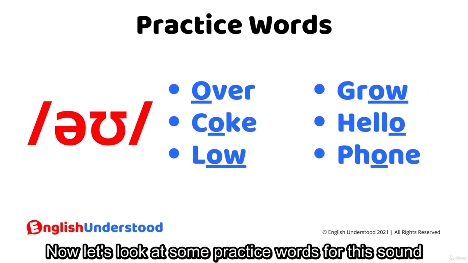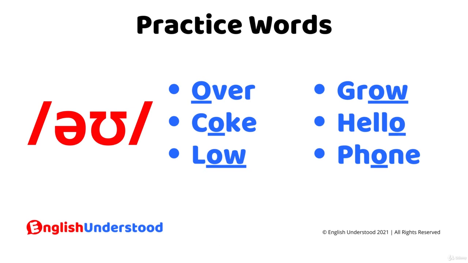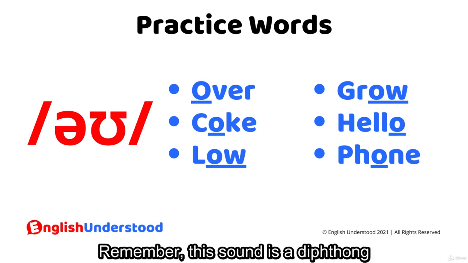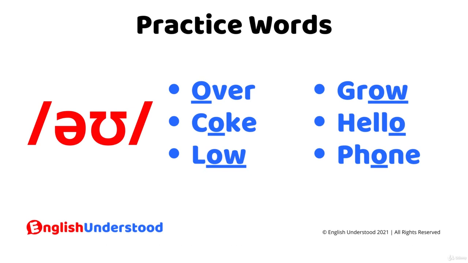Now let's look at some practice words for this sound, which is pronounced "O". Remember, this sound is a diphthong, so that means your tongue must move to make this sound. Over, over. Coke, coke. Low, low.